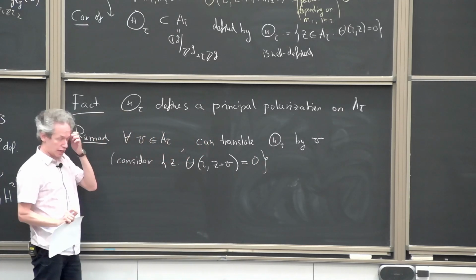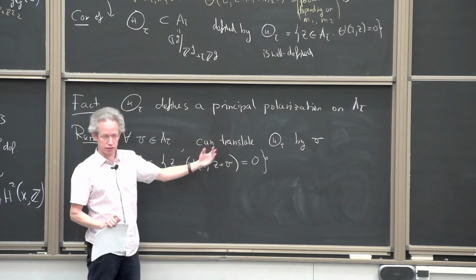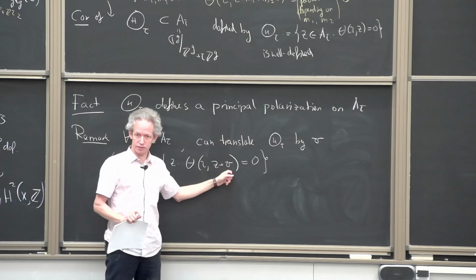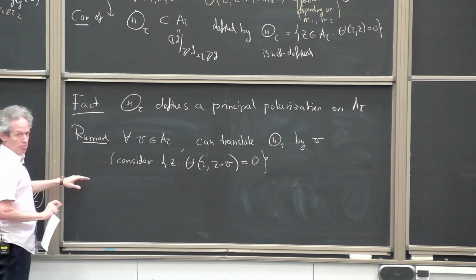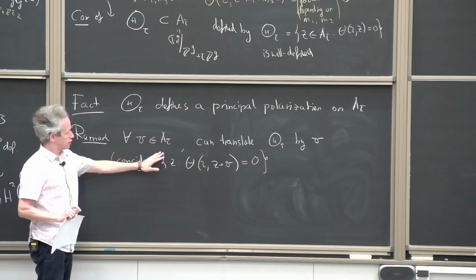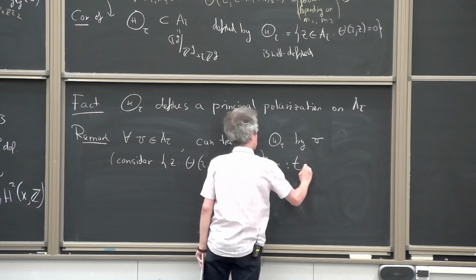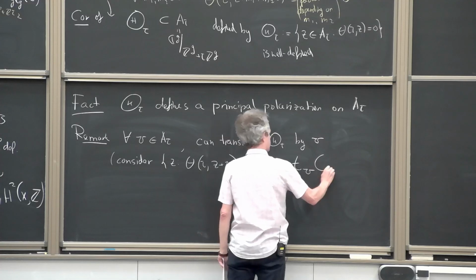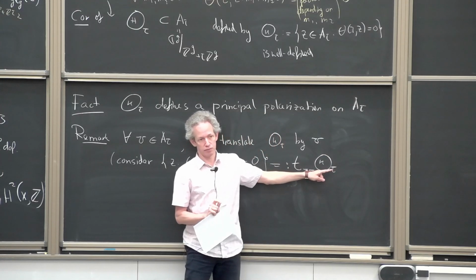If you're thinking of this as a subvariety of C to the g, this means you just translated it by, well, either v or minus v, depending on how you think about things. This will be my convention. I want to write it on the blackboard. And the Chern class of this is not going to change. So this, for me, will be denoted translation by v of the theta divisor. Its Chern class is the same class, but of course it's a different function.